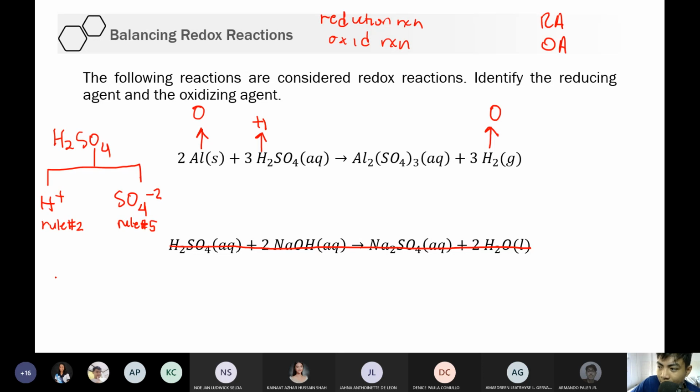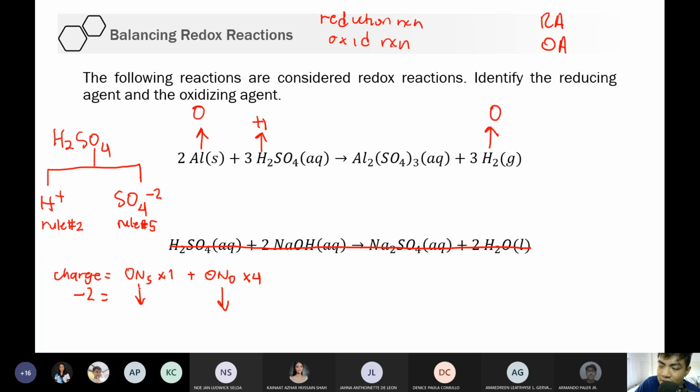Ano yung rule number 5? Charge equals oxidation number of sulfur times 1 plus oxidation number of oxygen times 4. Okay, yun yung rule number 5. So, what's the charge? Negative 2. Of the two oxidation numbers, sino yung may sinabi? Malamang yung oxygen.